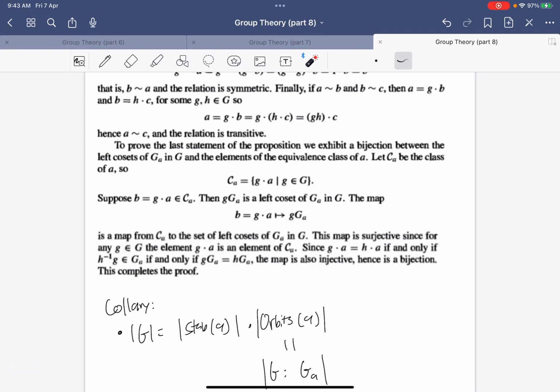And so the left coset of this will be G times the stabilizer of A. And this is the left coset. And then you can just take the map from B into this left coset, because you know A will be in here.